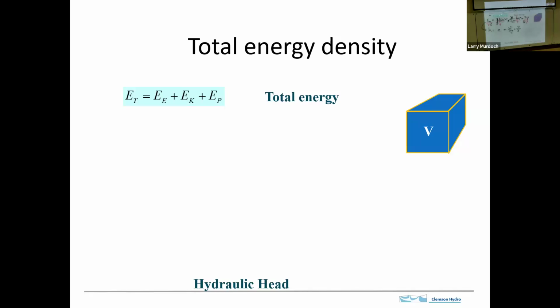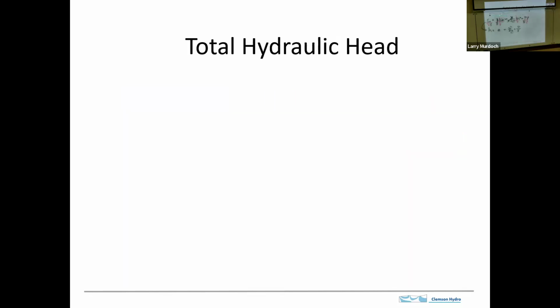And we started saying that it flows from high energy to low energy. This is the normalized energy density. So we're going to say flow goes from high hydraulic head to low hydraulic head.